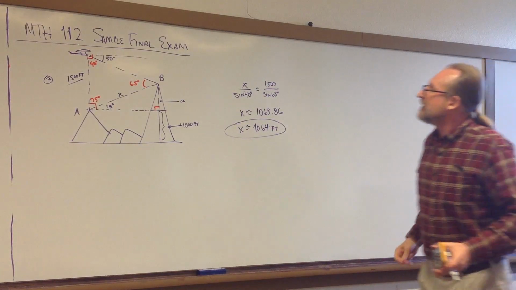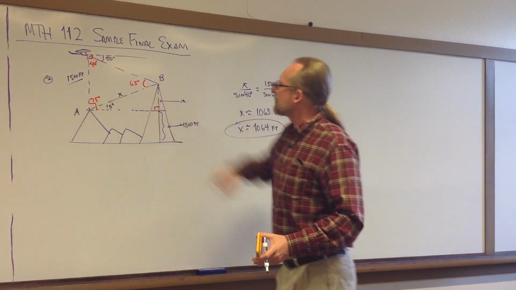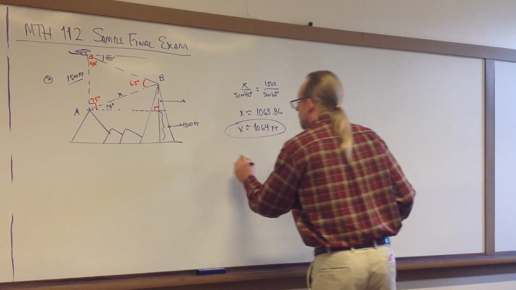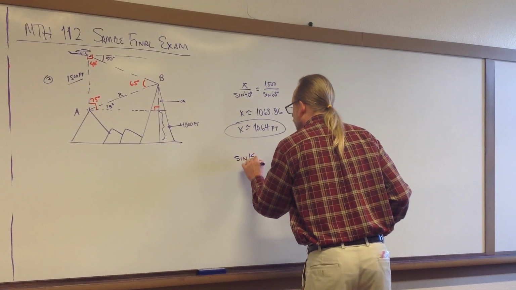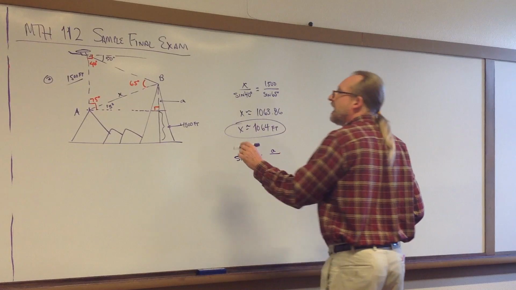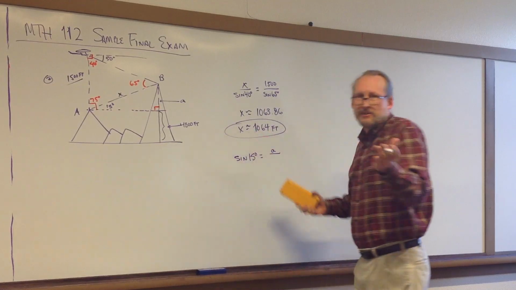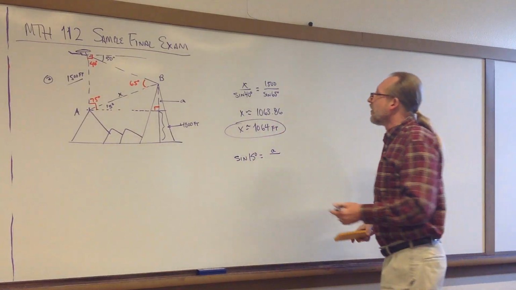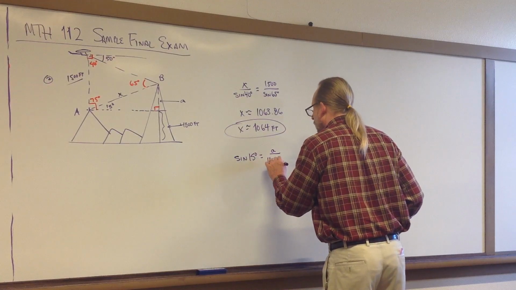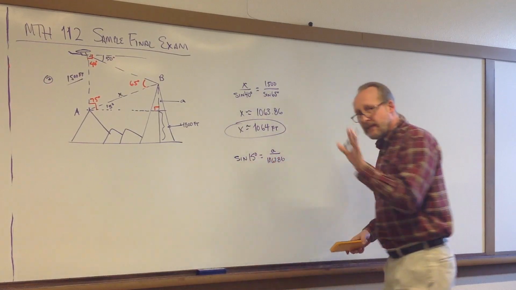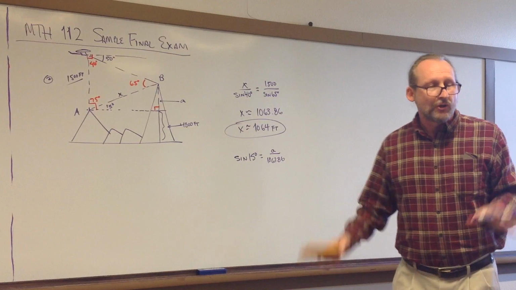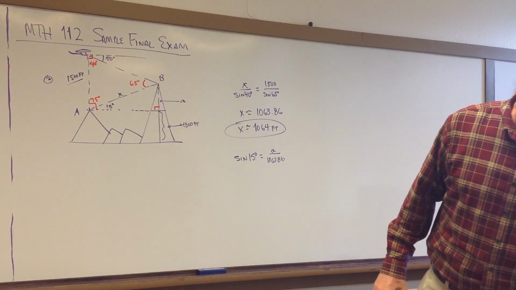Okay, well now that we know that, we can go into this right triangle right here and say that the sine of 15 degrees is going to be A over this value. And again, you can use 1,064 or 1,063.86. The important thing is that your final answer rounds to the correct value.